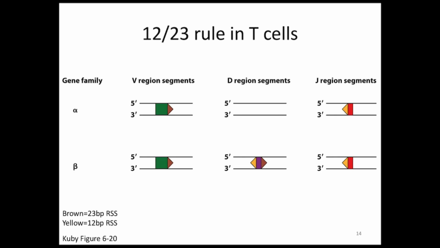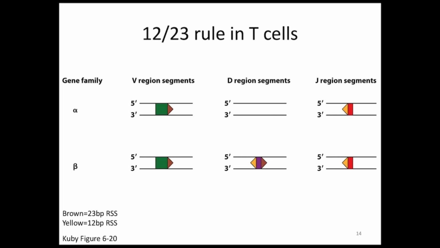But there are two things that we can also think about in this conformation that we couldn't think about in the B cell conformation. So there are two possibilities that are available here that are not available in B cells. So what two things could happen here that couldn't happen in the B cell case?